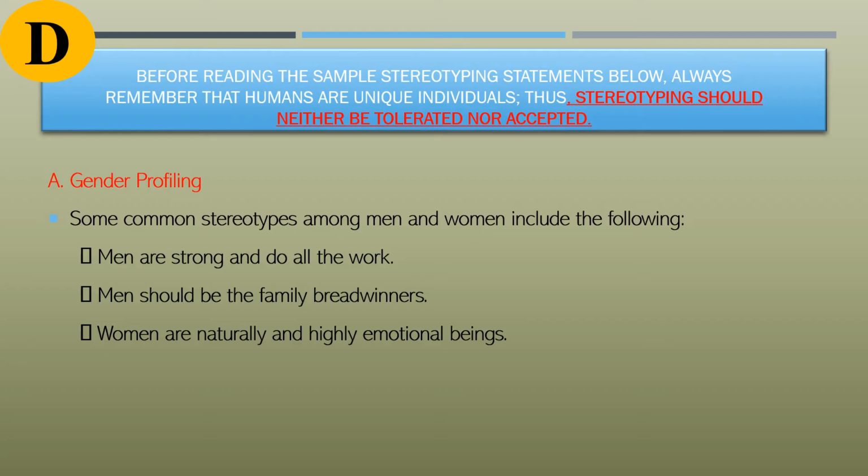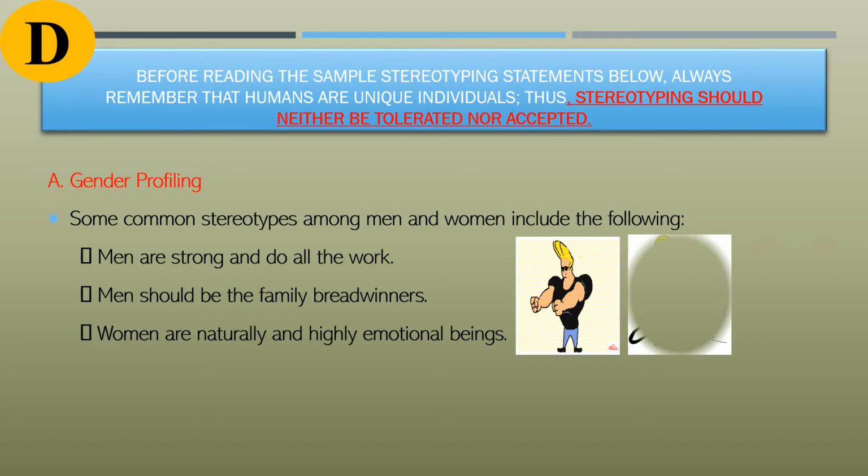Letter A is gender profiling. Some common stereotypes among men and women include the following. 1. Men are strong and do all the work. 2. Men should be the family breadwinners. 3.